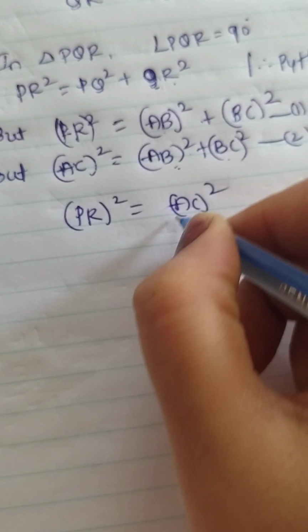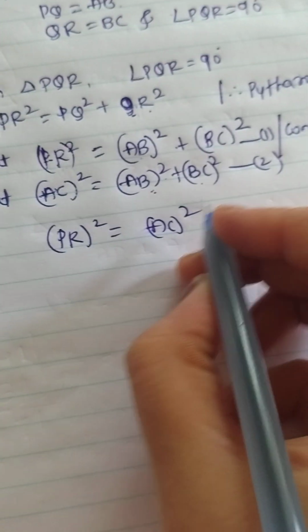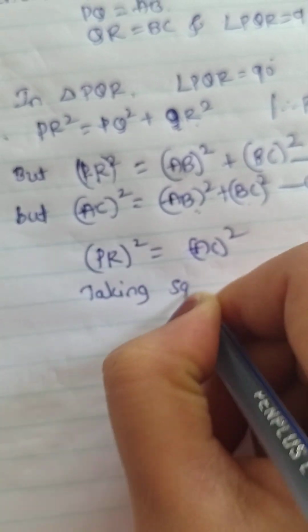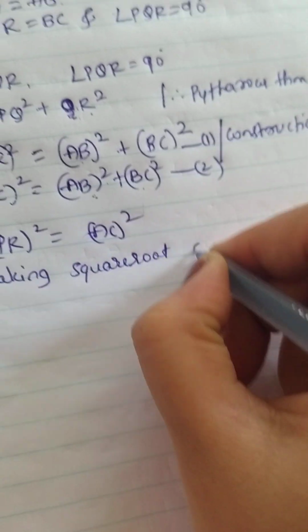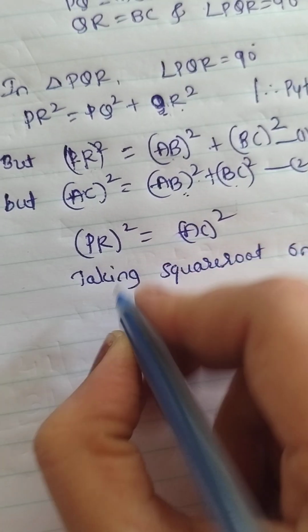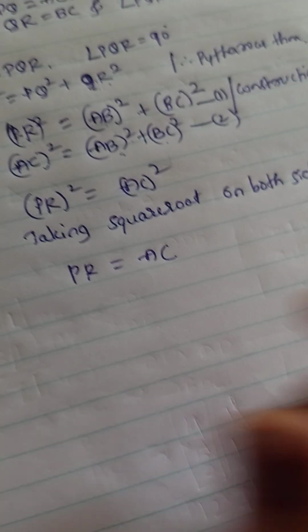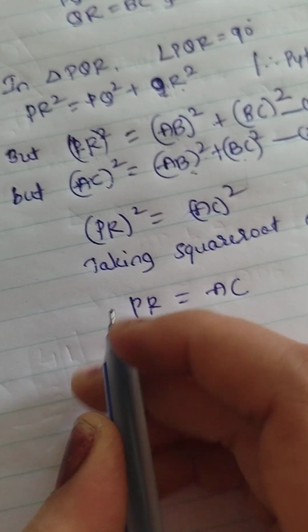Getting? So if I take the square root on both sides, PR is equal to AC. Correct?